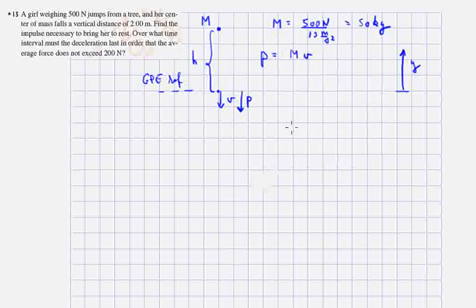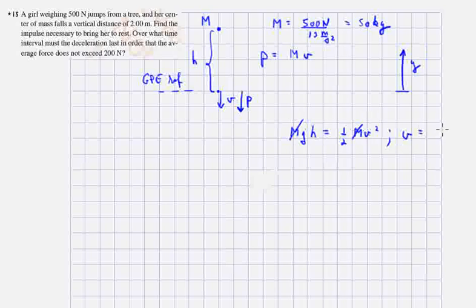So I can say that the initial potential energy is equal to the kinetic energy just before she hits the ground, 1/2 mv squared. And that allows v to be calculated.